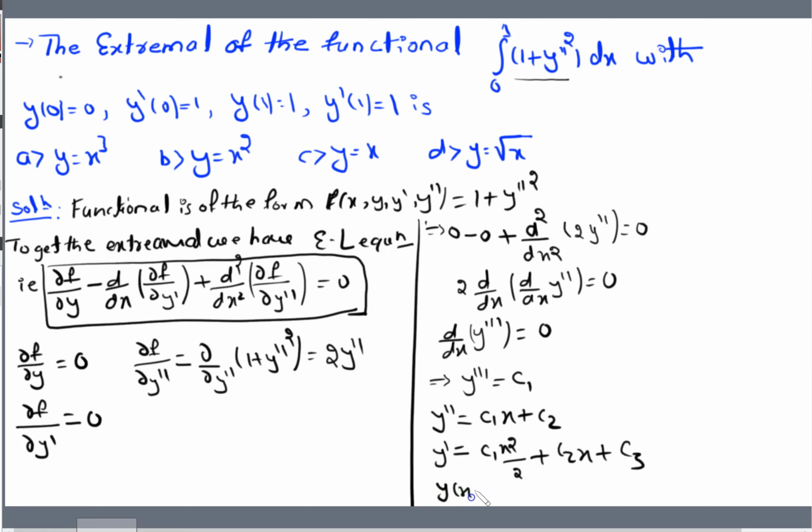Now our y of x will become c1 x cube divided by 6, plus c2 x square by 2, plus c3 x, plus c4. Now this is our y of x. I will take it on the next page.